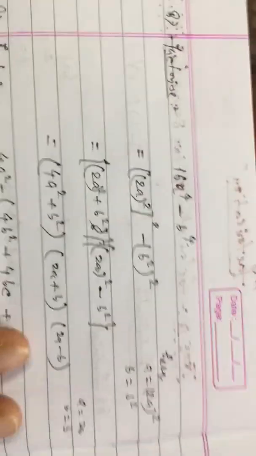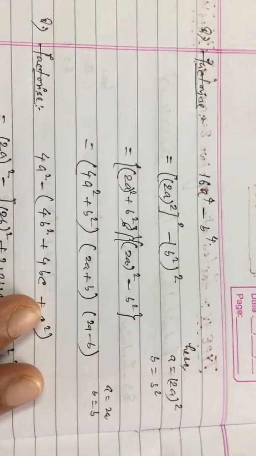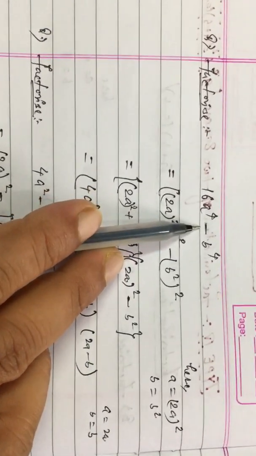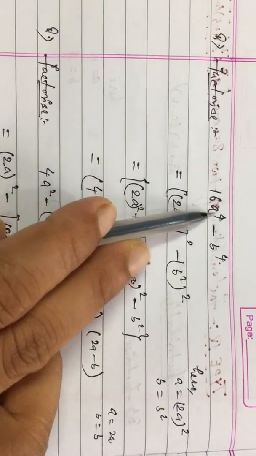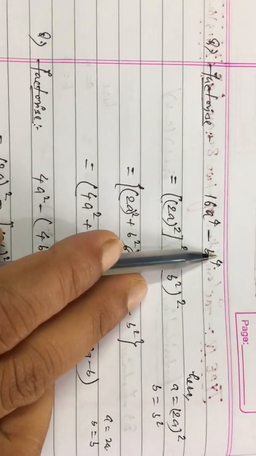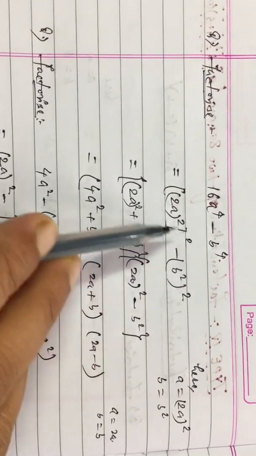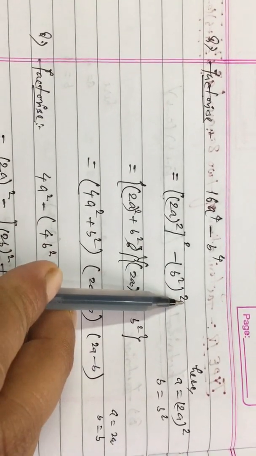Now see one more question. It has a minus sign in between, but 2 to the power 4 is there. In the case of a power of 4, we can write square of a square.